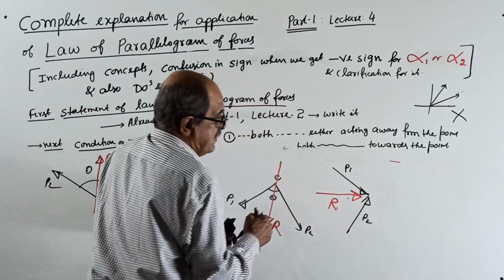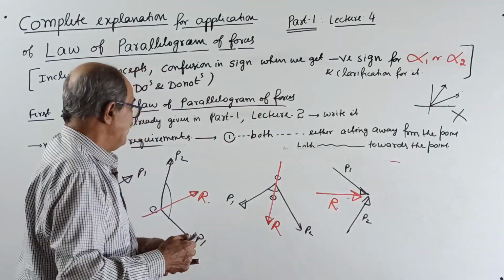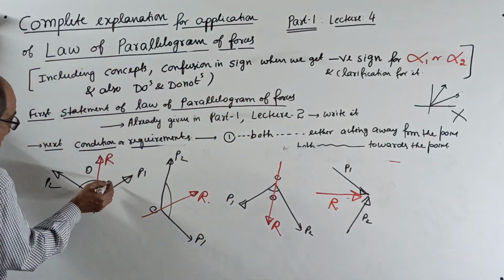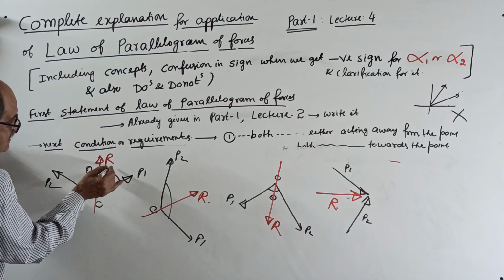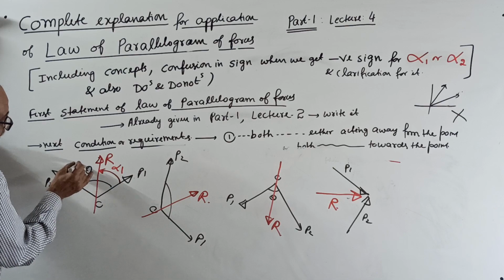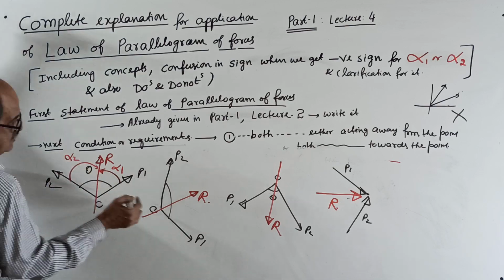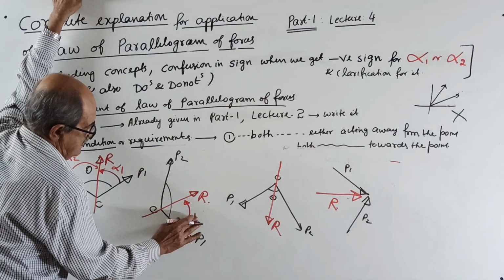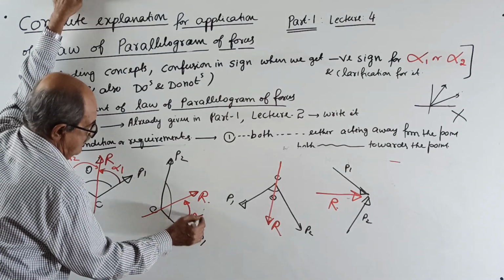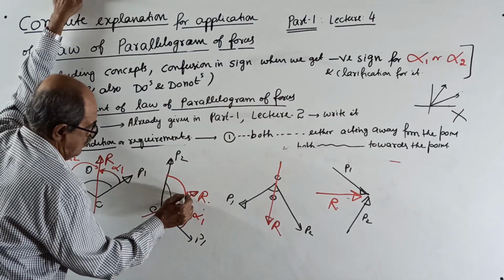Resultant R. And remember now, when you mark angle alpha, how to mark? See here, with P1, from P1 you will start. Alpha 1, alpha 2. Alpha 1: don't think clockwise or anti-clockwise.